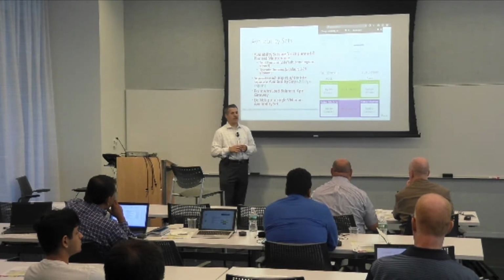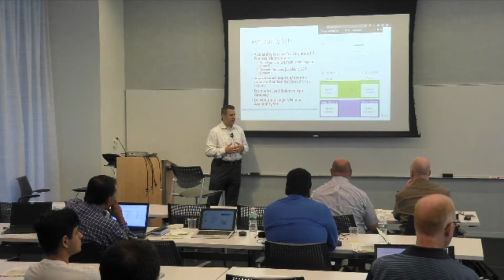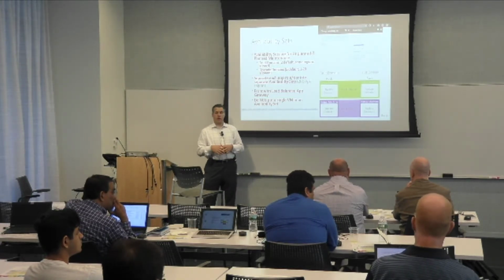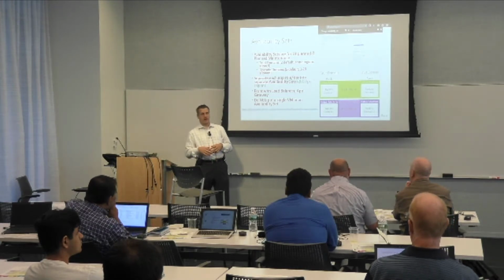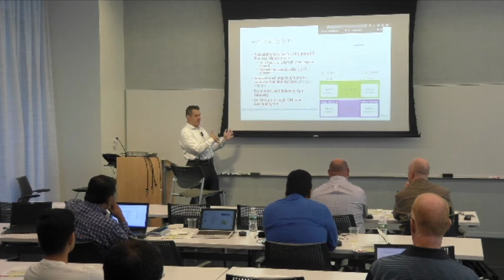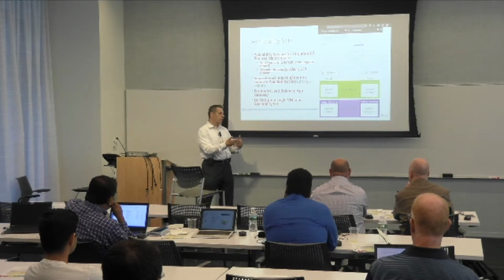So the question is, why would I use availability sets as opposed to live migration? The comment is, if there's live migrations happening in the back end, why do we have to worry about availability sets, right? Well, you still want to worry about the fault domains.